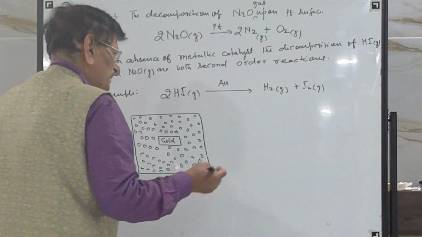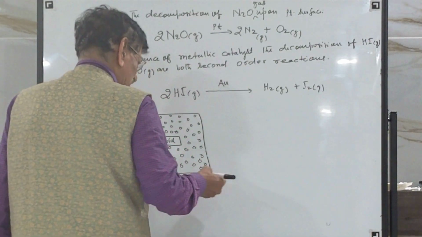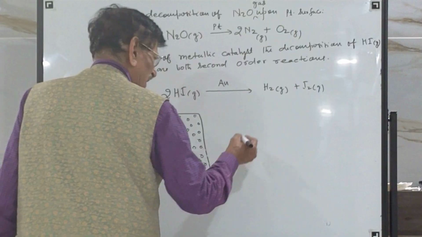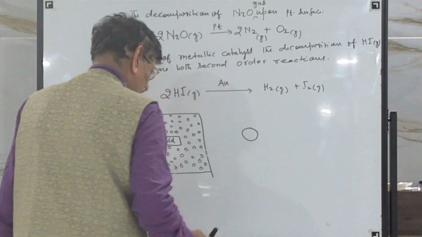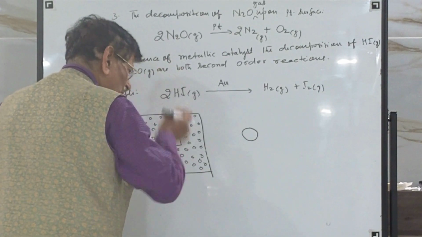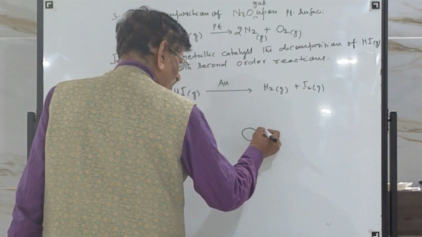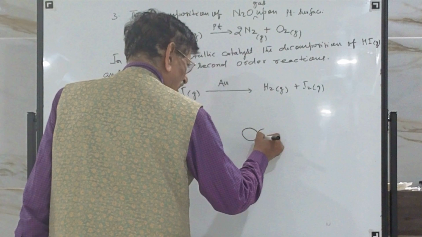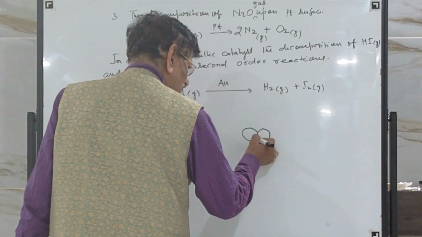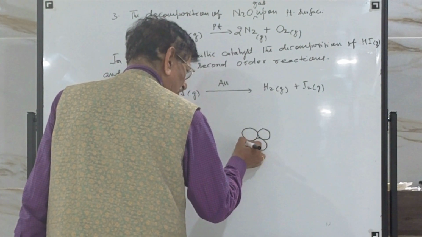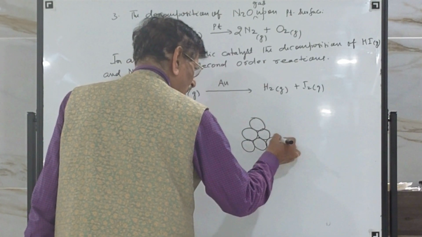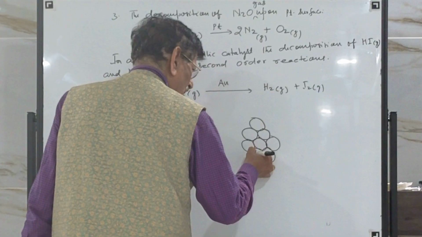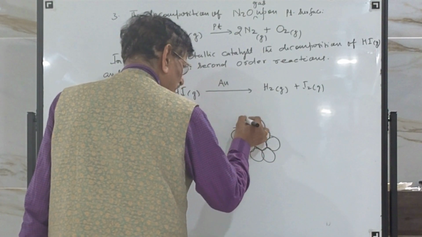Why? Suppose, let us consider any solid, gold or any metal. This is an atom of the metal. Now, this is surrounded by another atom of the metal, like this.